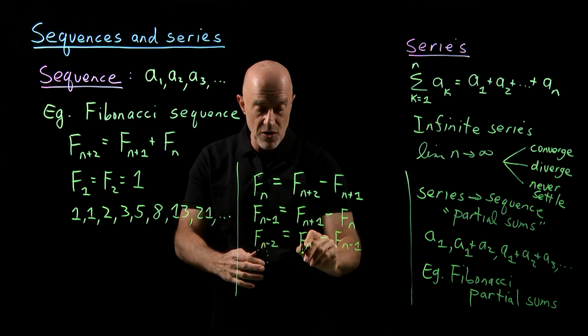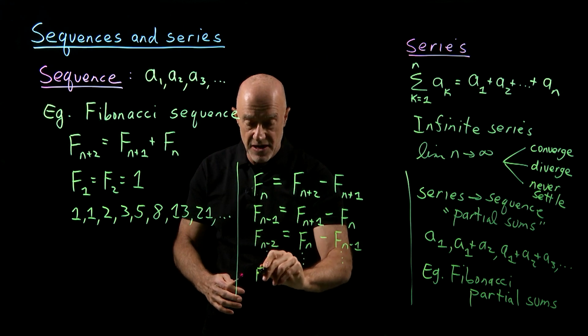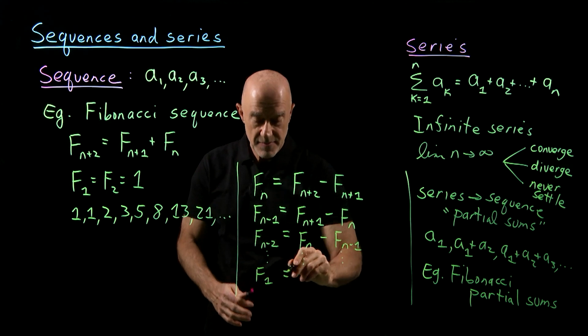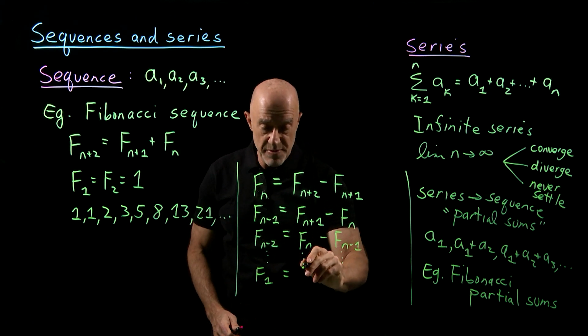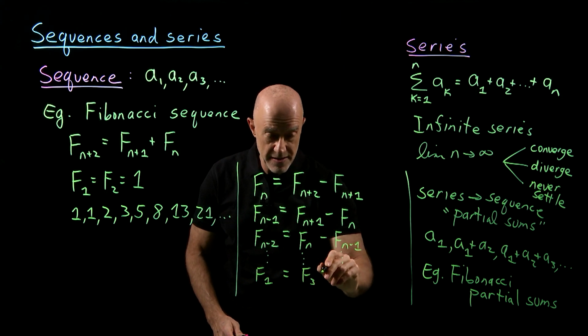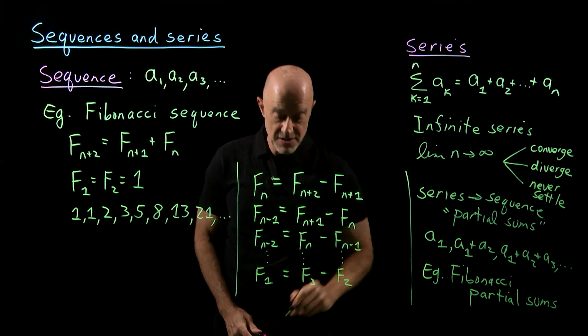And then we keep going all the way down to the last one, which would be f sub 1. So this is 2 above that, f sub 3 minus, and this is 1 above that, f sub 2.